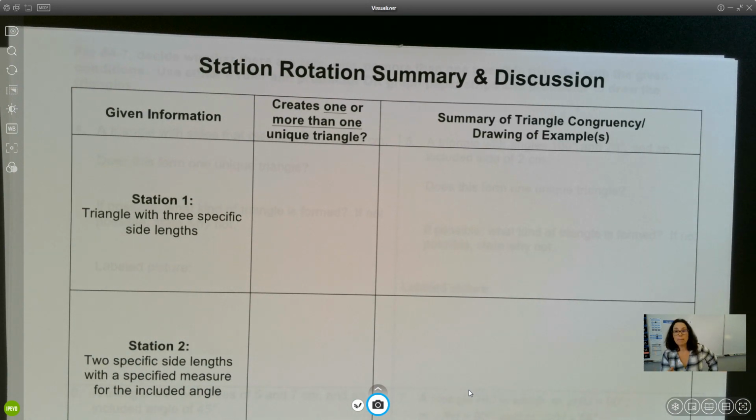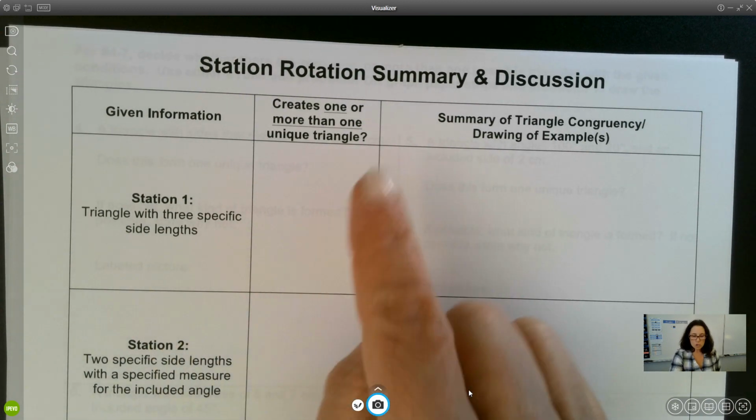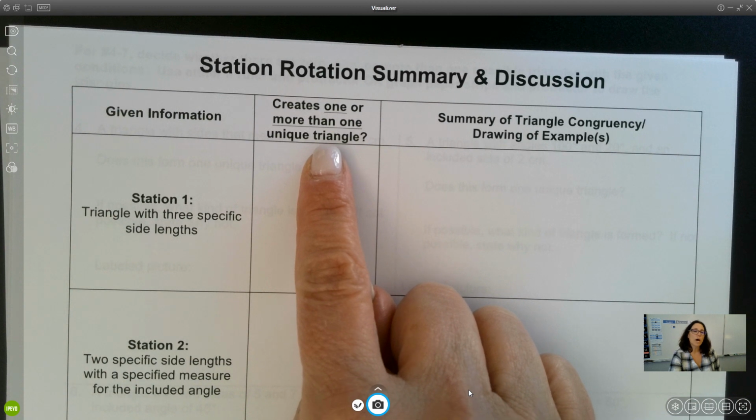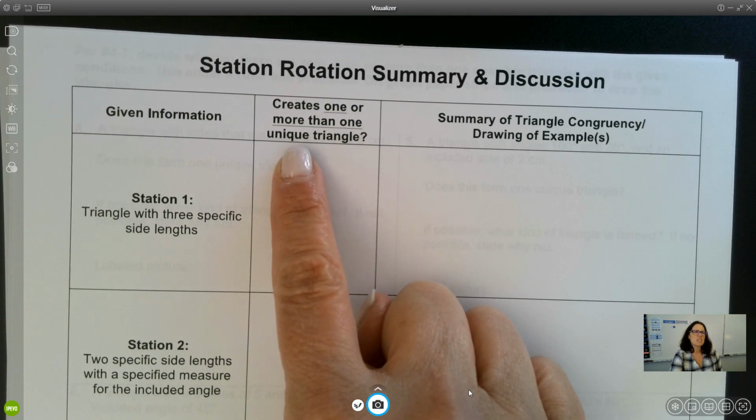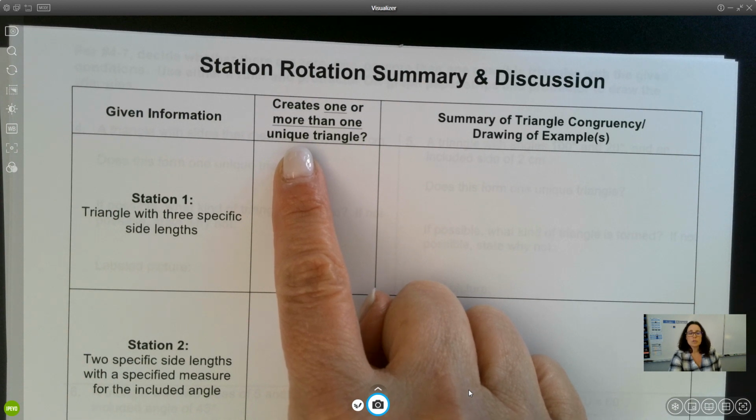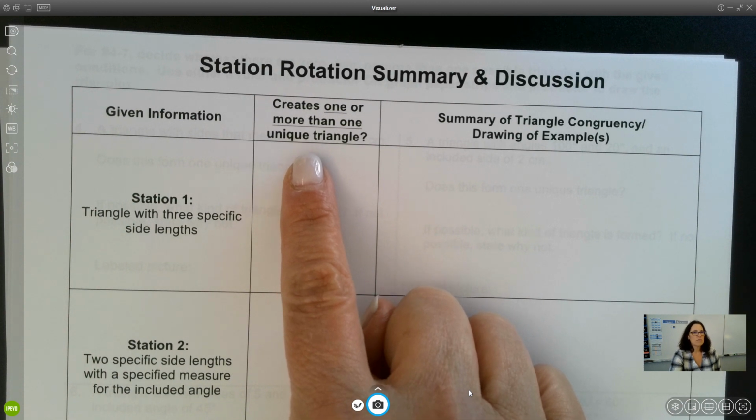Then we compare them with everybody at our table and say, with these directions, am I able to create one or more than one unique triangle? Unique just means special. So do we all have the same special triangle with those requirements, or do all of us have different ones?